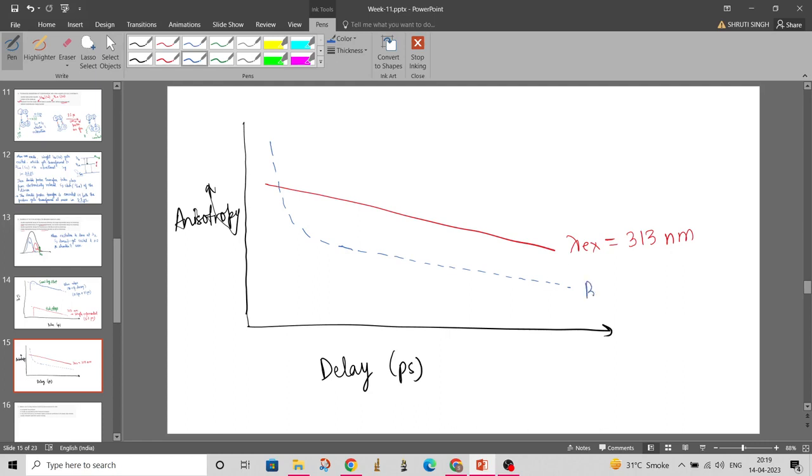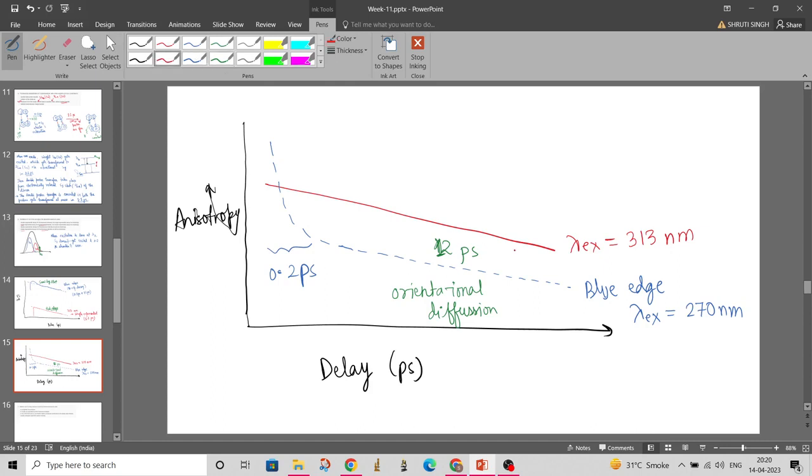So this is the blue edge, 270 nanometer, and this component was 0.2 picosecond component, and this slower component is 12 picosecond component, which is due to the rotation, due to the diffusion.